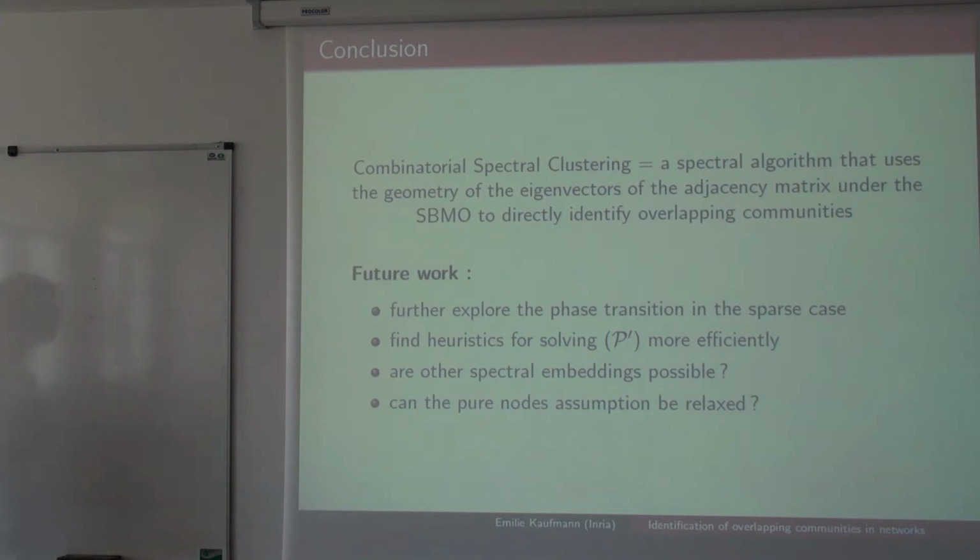Also, this algorithm relies a lot on the fact, which was in our identifiability condition, that there must be at least one pure node in each community, and even a fraction of pure nodes. But if we want to do something like hierarchical communities, this assumption does not make sense. So another direction is to maybe find other identifiability conditions that do not require this assumption.